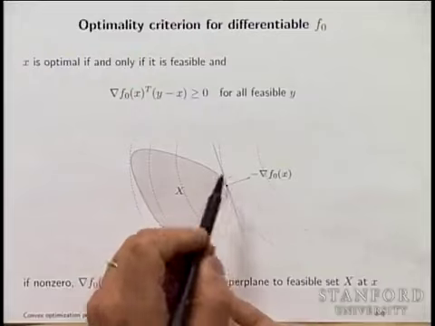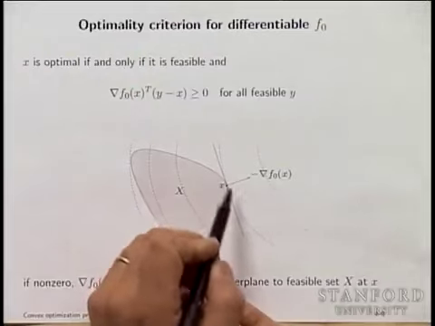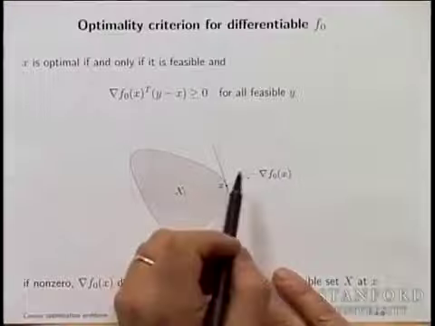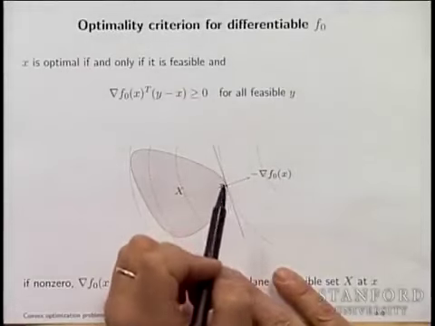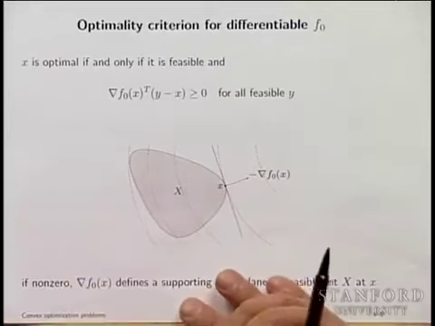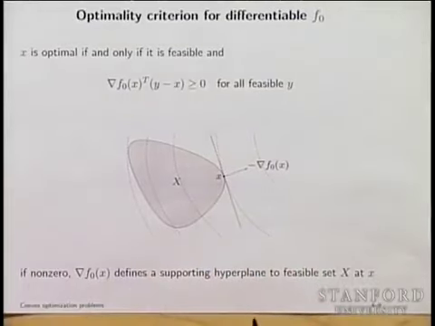That would be the normal to the local hyperplane of approximately constant objective, like this. And it says that this hyperplane actually supports the feasible set at that point. That's the picture.